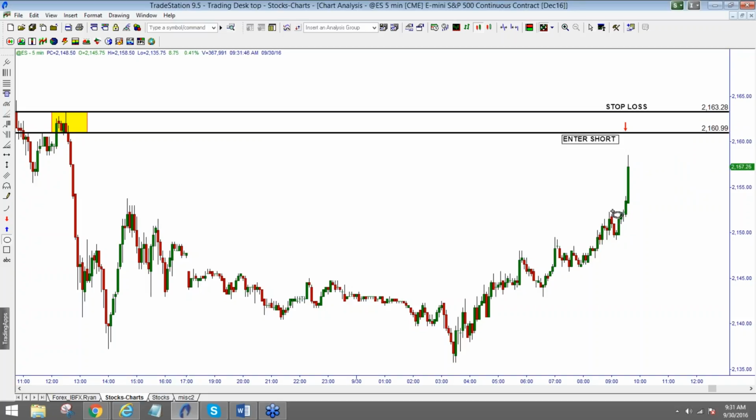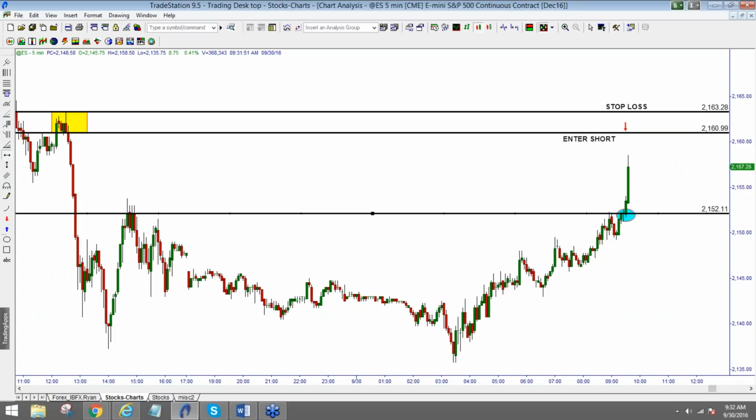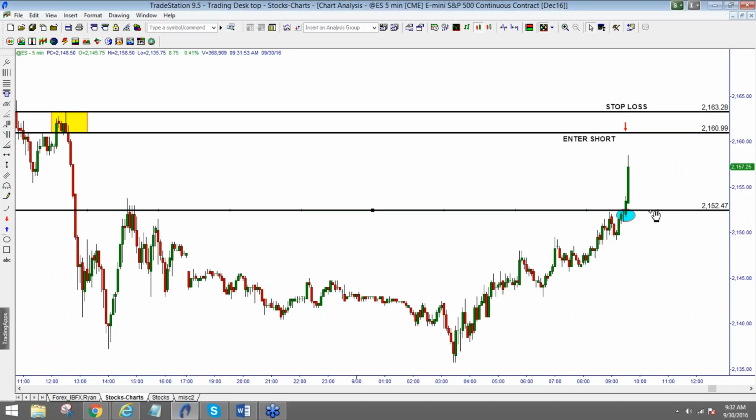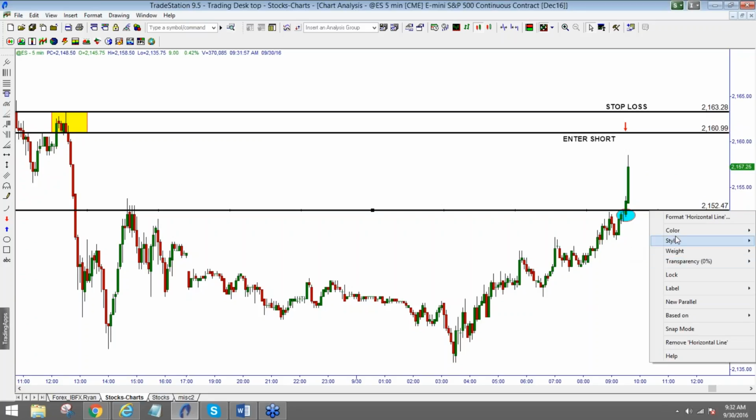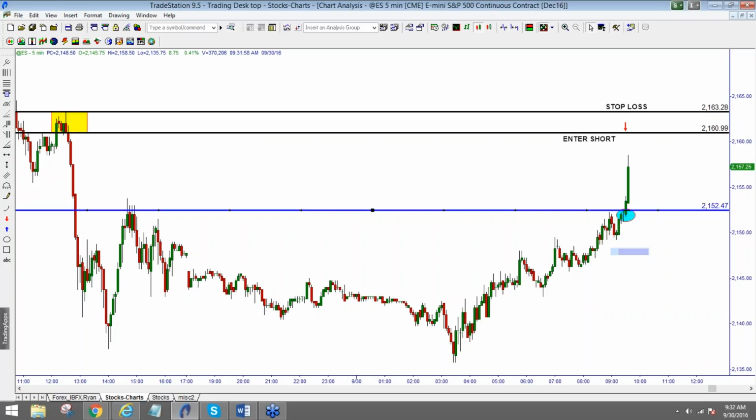Look to get out around 21. What is this? Let's see. 21.52, so about 8 points. Change the color to blue. Could get out a little bit ahead, but let's see.